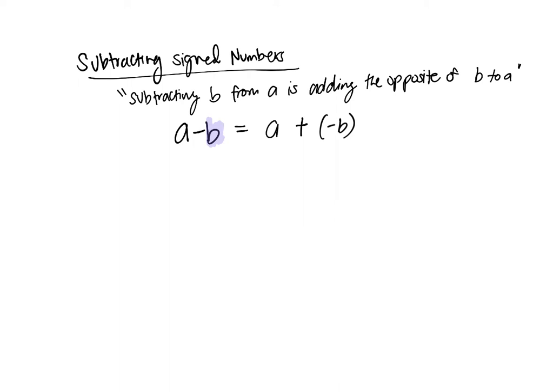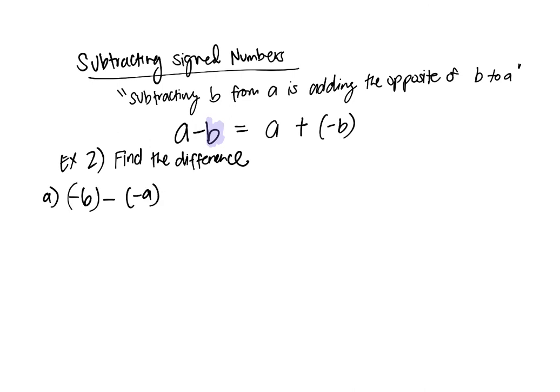And of course, we're going to go back into some examples. We'll call this example 2. So we're going to find the difference. For A, we have negative 6 minus negative 9. I'm going to keep that first one.